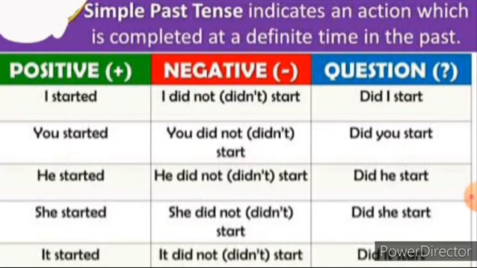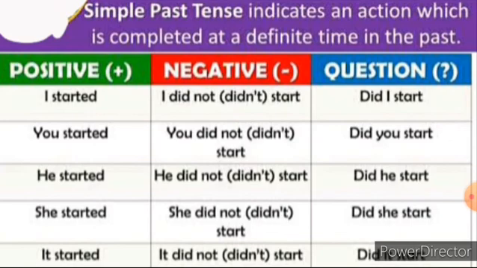I did not start. You did not start. He did not start. She did not start. It did not start. Do not add ed in the negative format. Use only did plus not. This is the procedure to convert the simple past affirmative to negative.